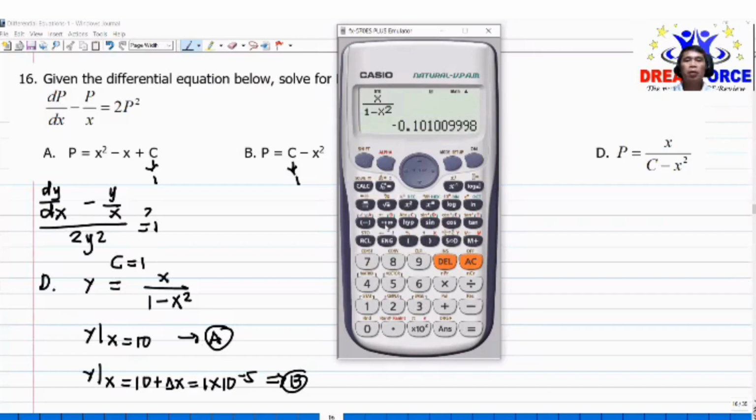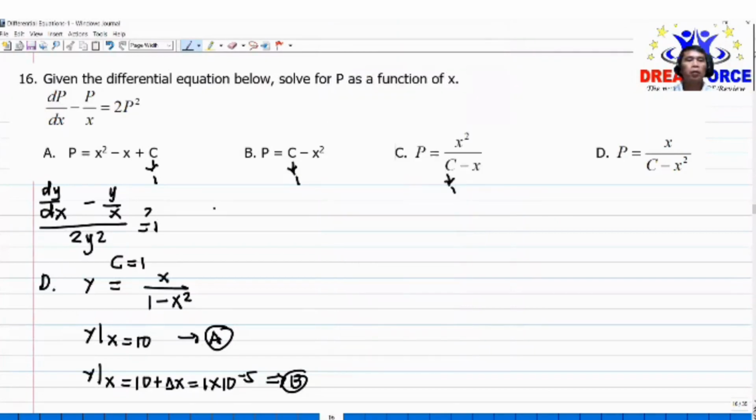Then shift store B. Ito, yung dy dx is b minus a divided by 1 times 10 to the negative 5. Minus y. Y ay nilagay natin siya sa a, wherein y is equal to p. So nilagay natin siya sa a divided by x all over 2 times a squared is it equal to 1.